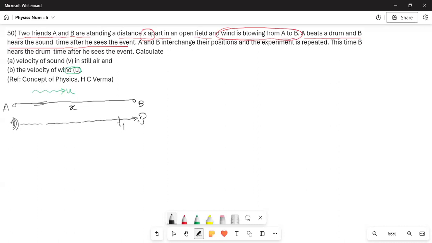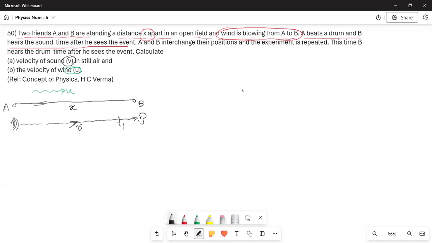And let us consider sound velocity in absence of any air, absolute velocity of sound, is V. In this case, since air is flowing in the direction of the sound, so total velocity of the sound will be V plus u, right?